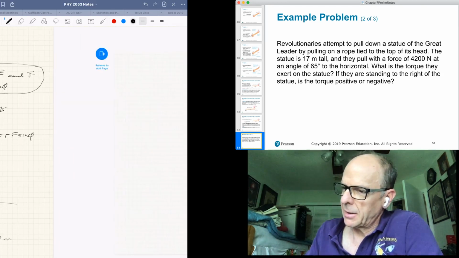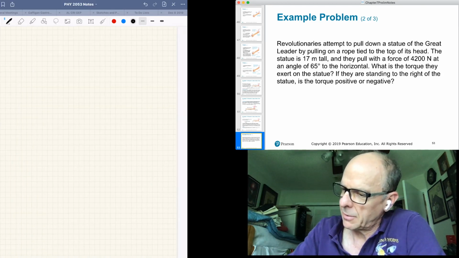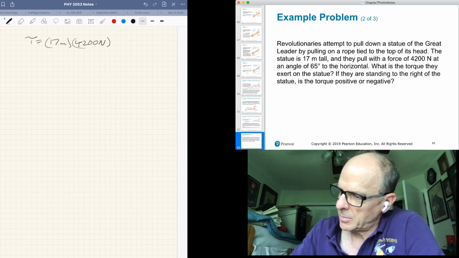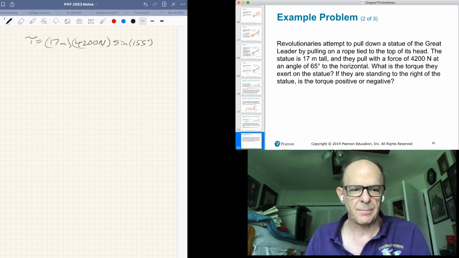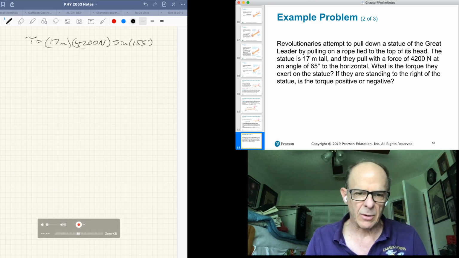Then I can calculate the torque: 17 meters times 4,200 newtons times sine of 155 degrees. Let's see what that works out to be.